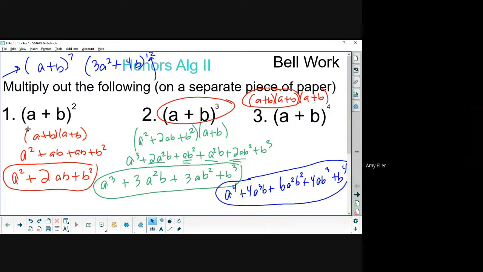Are there any patterns that you notice in just the first 3 that we did? Look at the number of terms. Tell me if you notice something there.